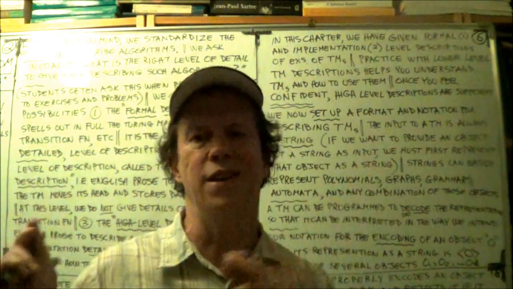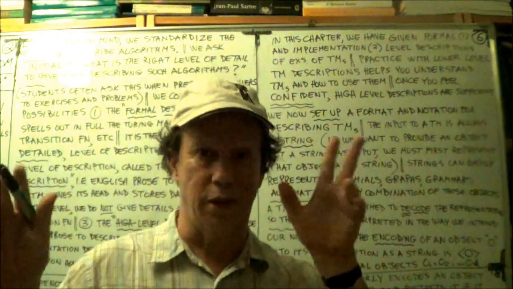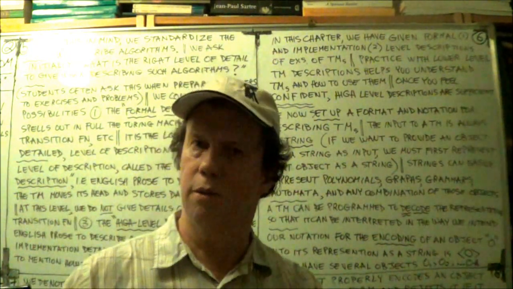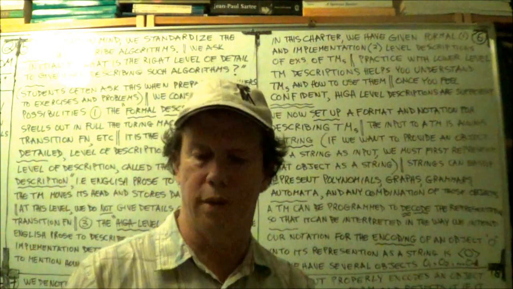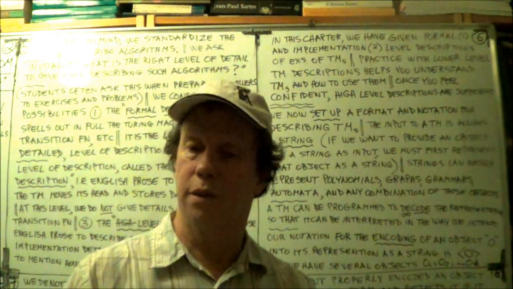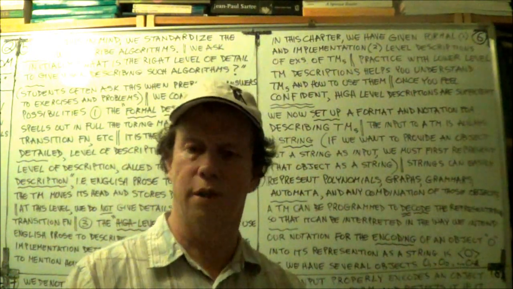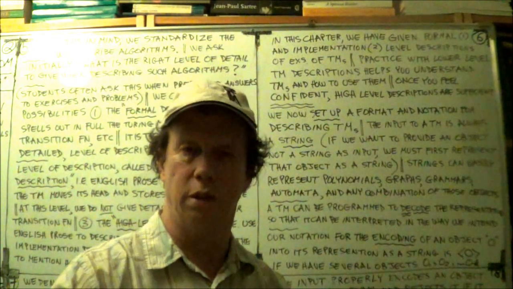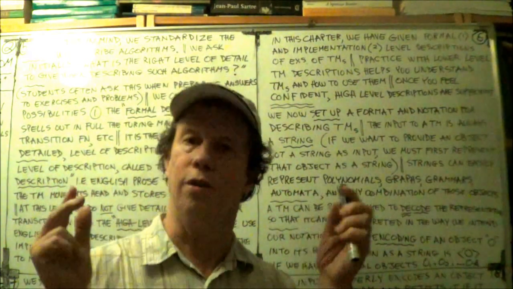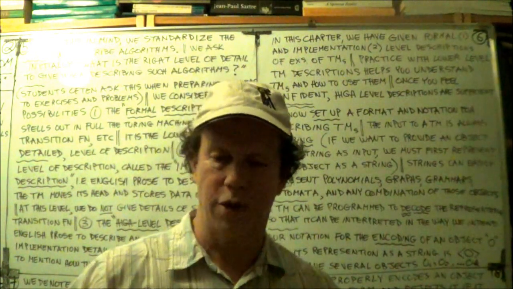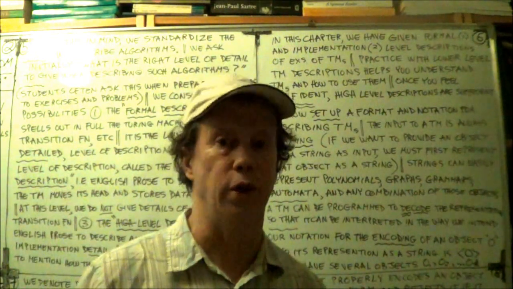Whatever that thing is, the object, as it's called, you need to translate that into string form so that the Turing machine that's implementing the algorithm can have as input something it can read and then decode. So it then does the opposite, the technical word is encode or represent.